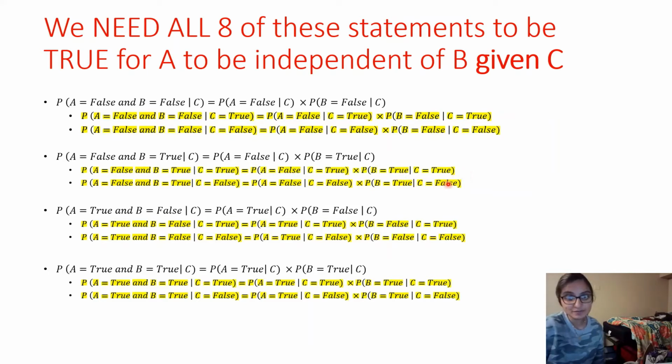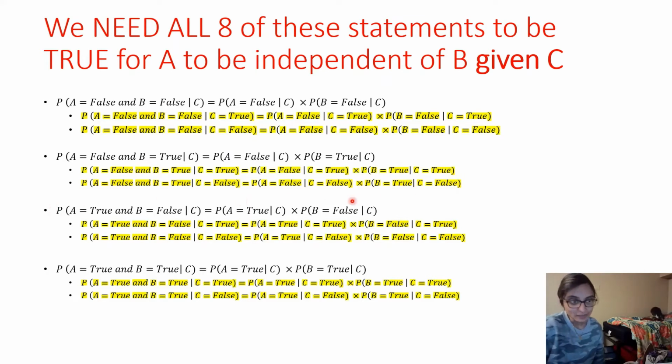But then C could be false. And then all we have to do is change this value of C to being false, which is what we do on the second part here. We're seeing the probability A is false and B is true, given that C is instead false. Is that equal to the probability A is false given C is false multiplied by the probability B is true given that C is false?